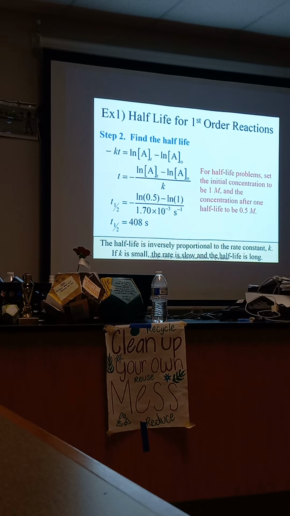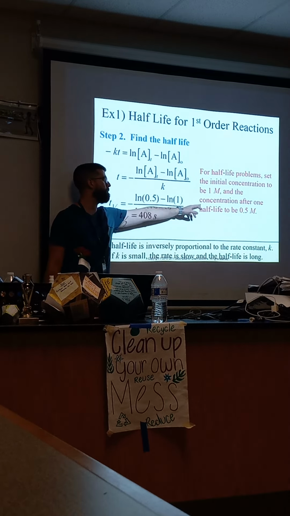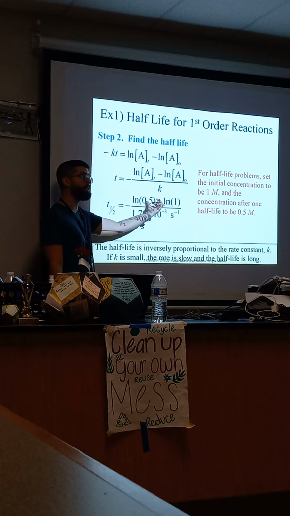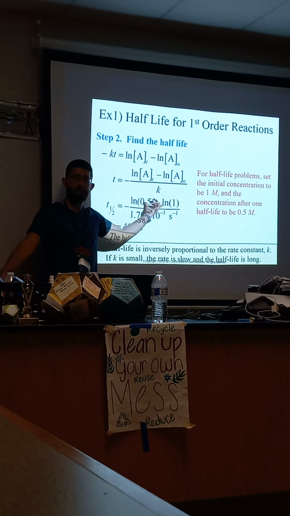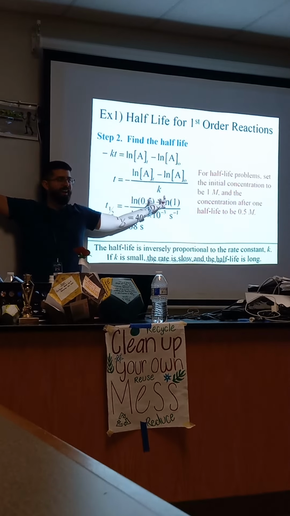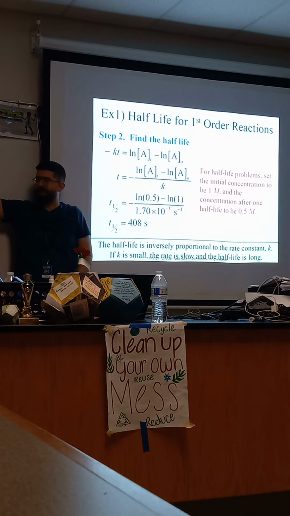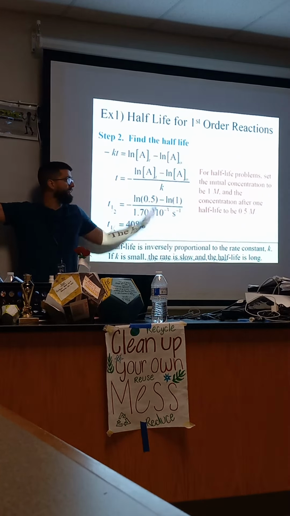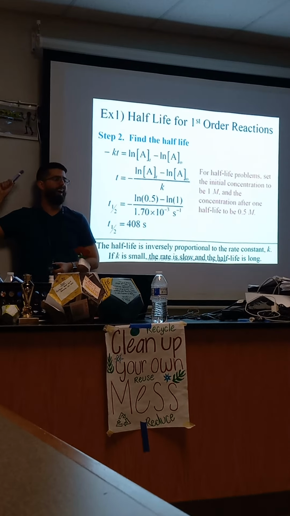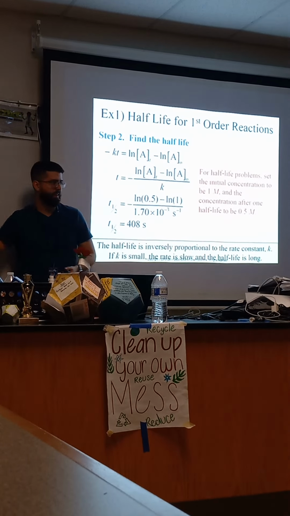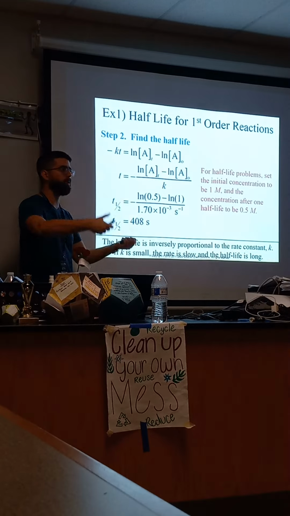And then we divide by K. But here's the great thing, guys: if we're always going to do 1 and 0.5, this is always going to be the same number. So you see, this is showing you how the shortcut came about. So now that you've seen this, what are you always going to do? Use the shortcut.